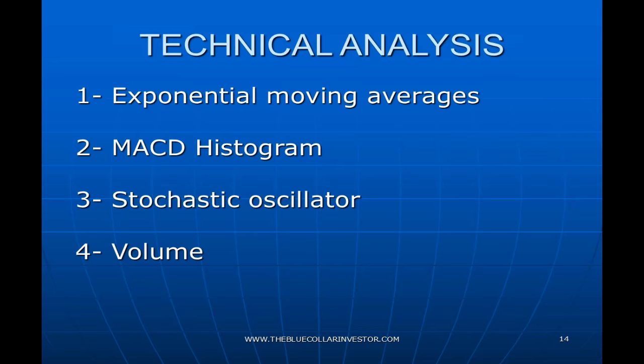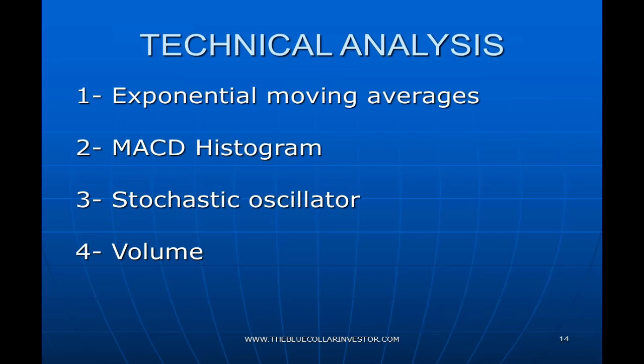Now, I'm happy to share with you folks the parameters that I use and I've had a lot of success with as it relates to covered call writing. But feel free to use whatever parameters or indicators you're comfortable with. But I believe it should have a trend identifying parameter.